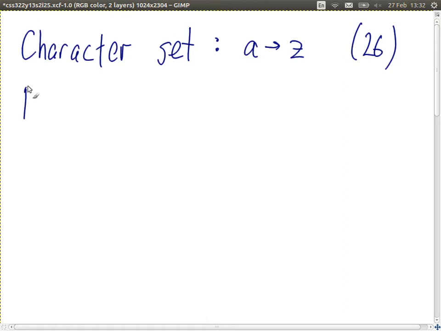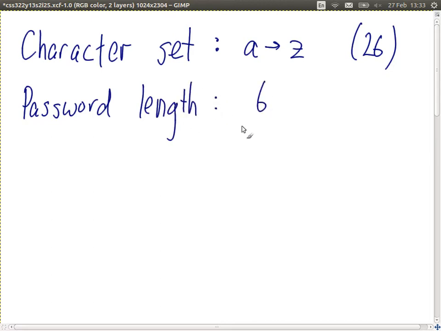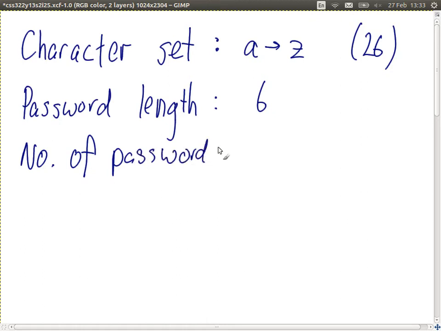If the password length is 6 characters, then the number of possible passwords, this is simple concepts that you've seen in other parts of security as well, is 26 to the power of 6, whatever that is. 10 million or 100 million, you could calculate.